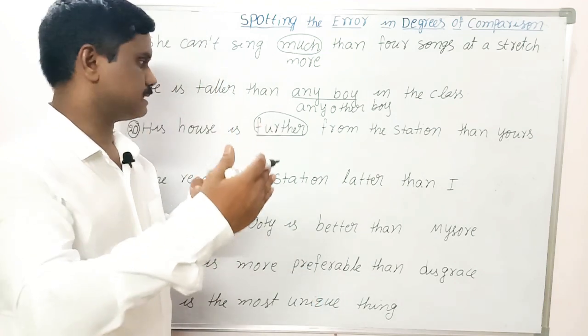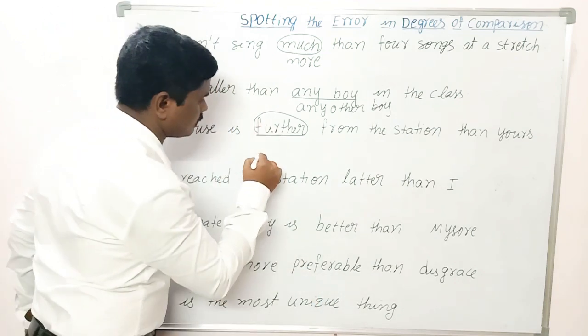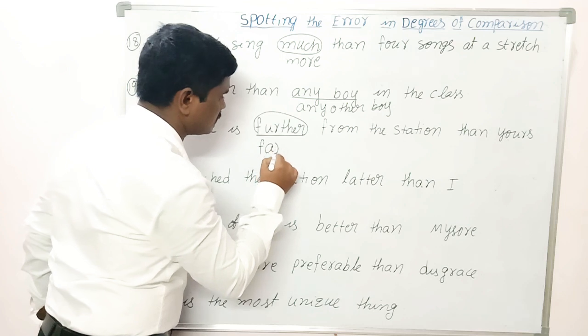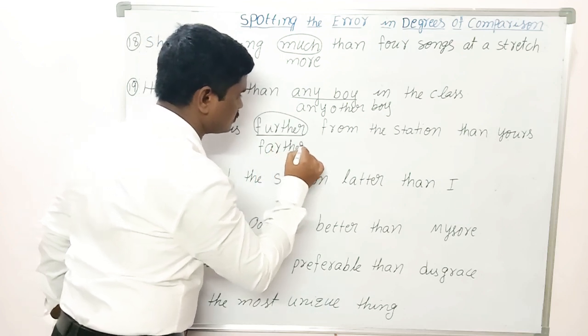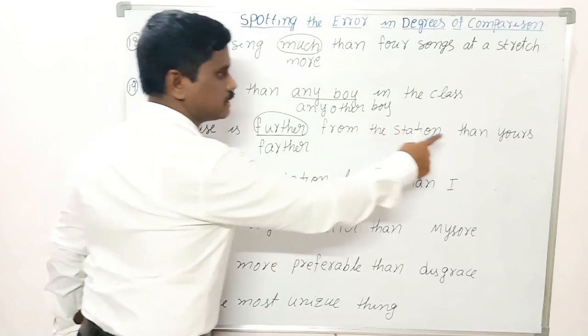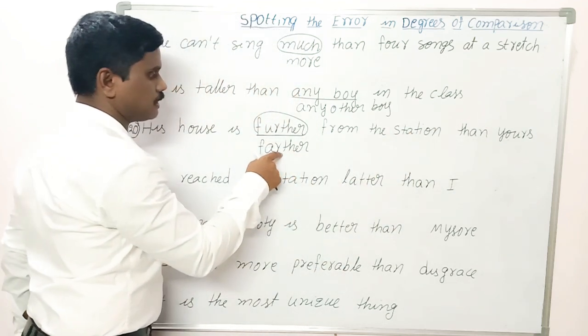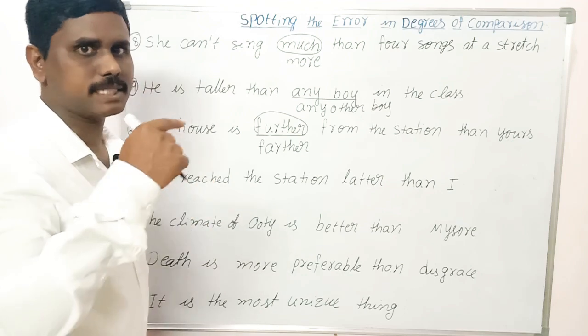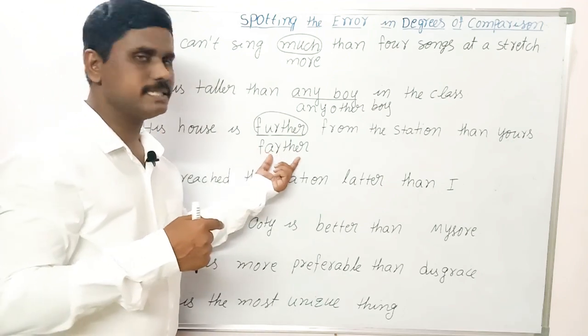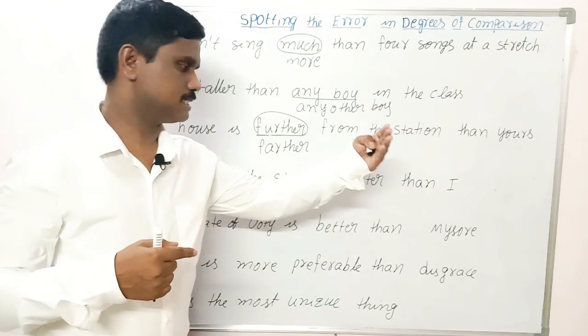The related adjective for distance is farther, because here than comes with a comparative degree. Further means additional, extra. Farther is used to denote distance.